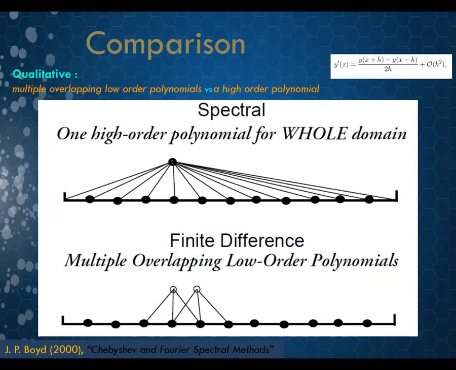It is useful if we compare this method with the finite difference method qualitatively and quantitatively. In the qualitative view, in the finite difference, if you remember, for example for second order, the value of the first derivative at each point depends on the value of the function at the next and previous point.